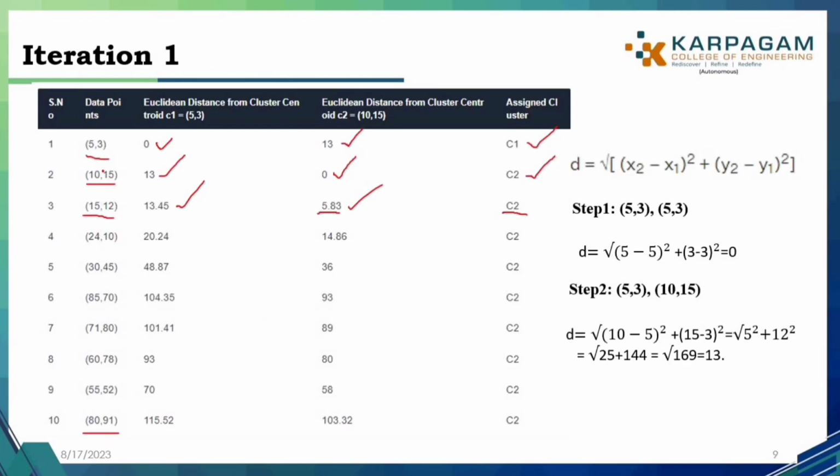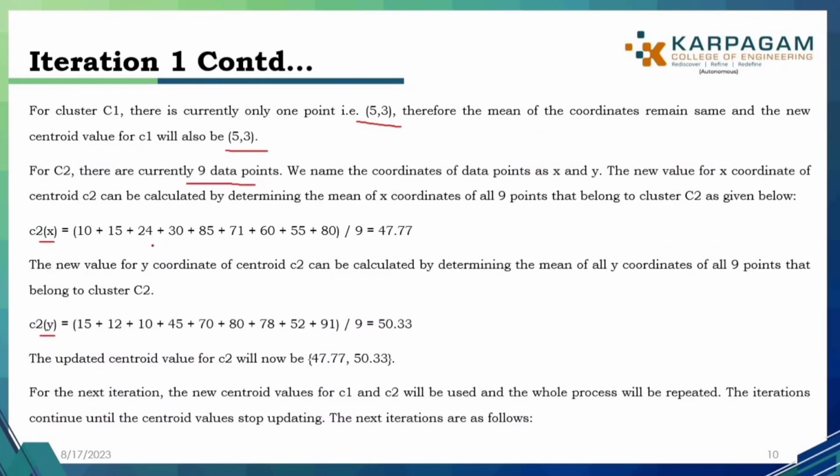See here, these 9 elements are in C2. So we take the x coordinates separately, that is 10 plus 15 plus 24 plus 30 till 80, divided by 9 elements. Taking the average, it is 47.77.